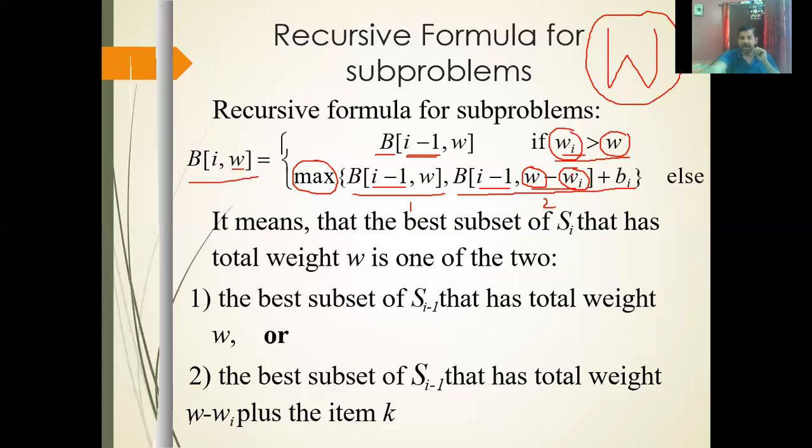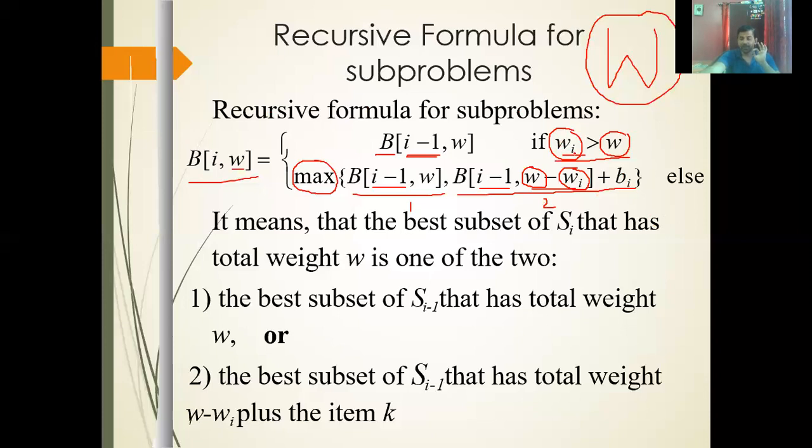Plus, when I make the insertion of this weight Wi, I should consider its benefit, that is Bi. To this, I should add Bi here. I'll repeat it once again. This is the most important formula. If you know this, I think you can easily write the algorithm, plus you can do the trace.